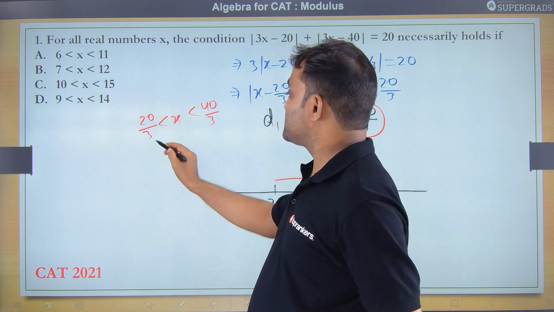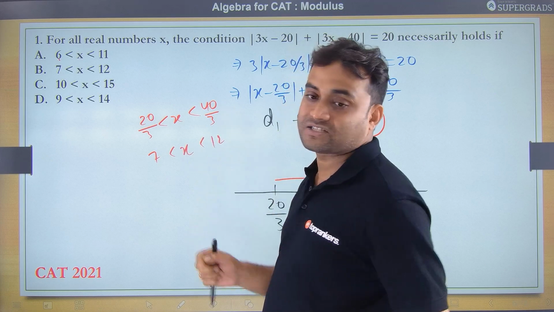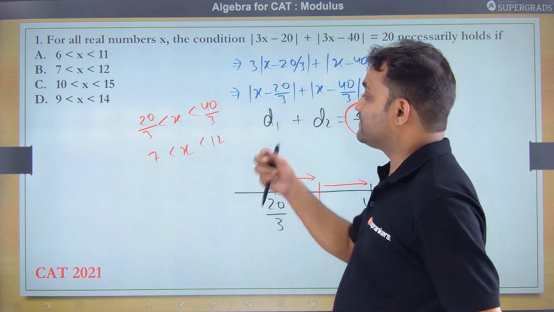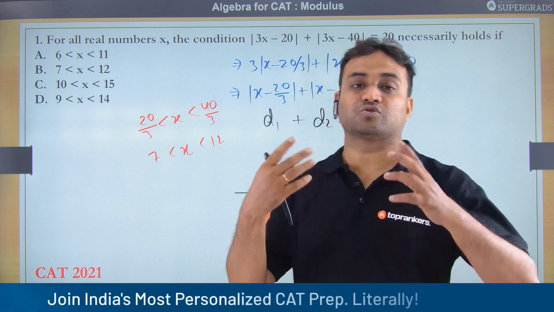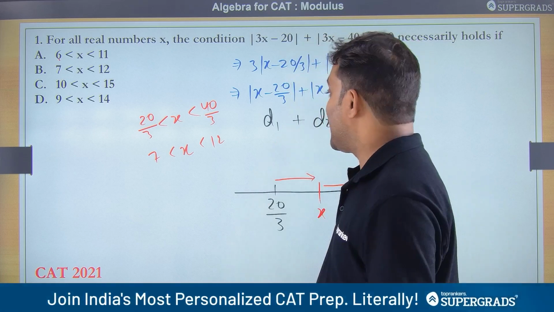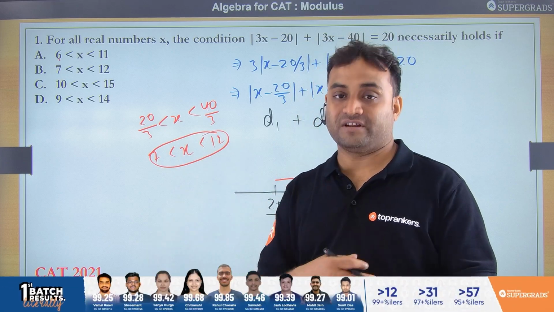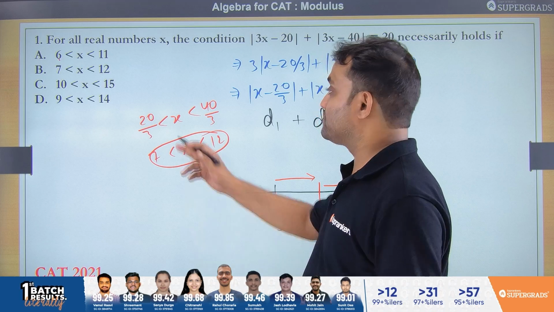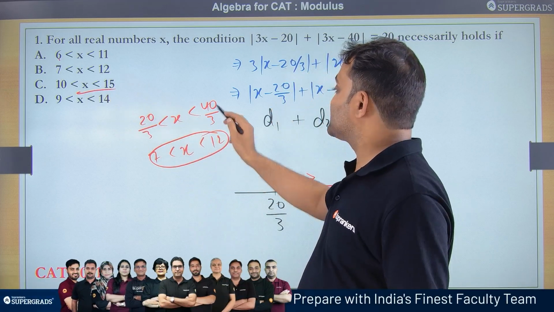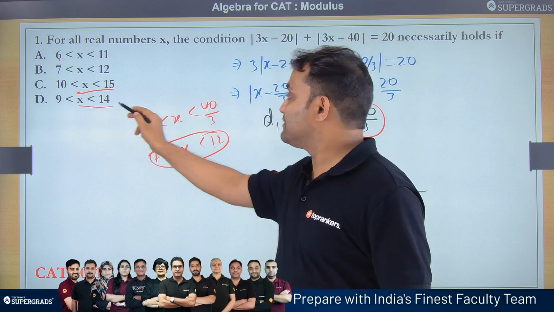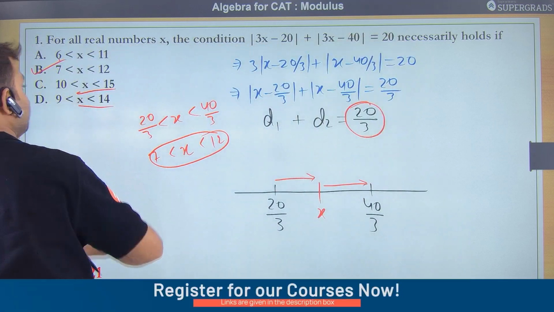But if we check option B, which is 7 to 12: 40 by 3 is 13.33 and 20 by 3 is 6.66, so x is between 6.66 and 13.3, and this range of x comes within that range. So that is true. Option C is not true because again, some values of x are not applicable here. So the answer is option B.